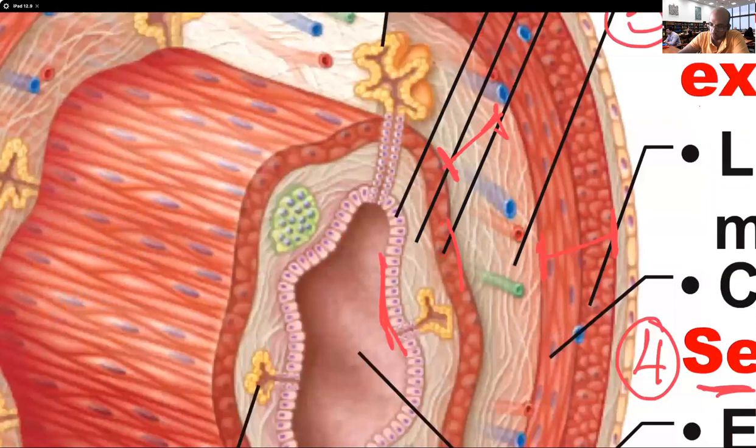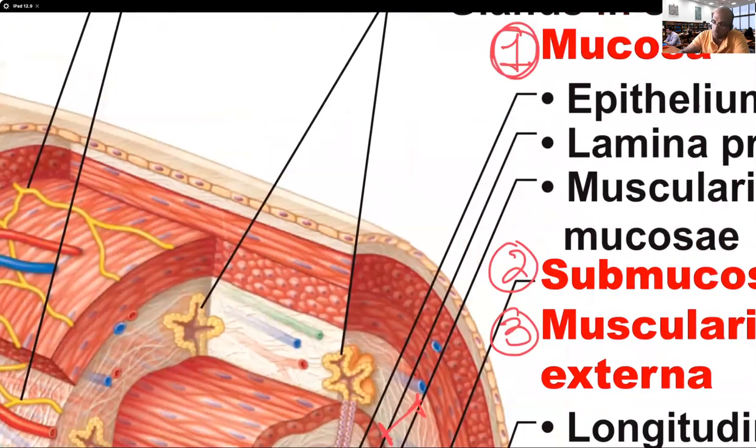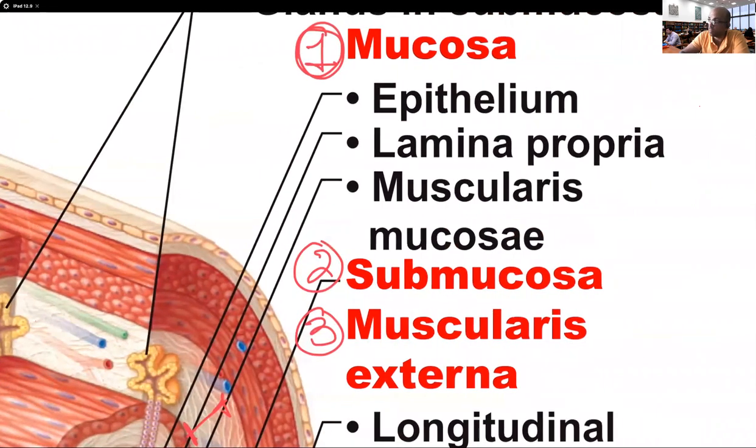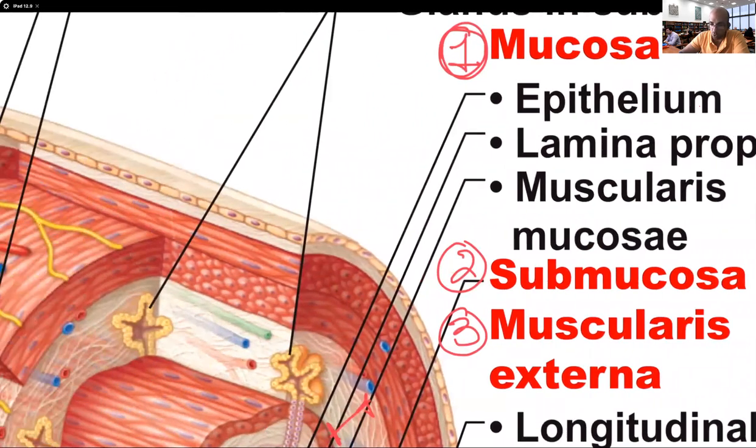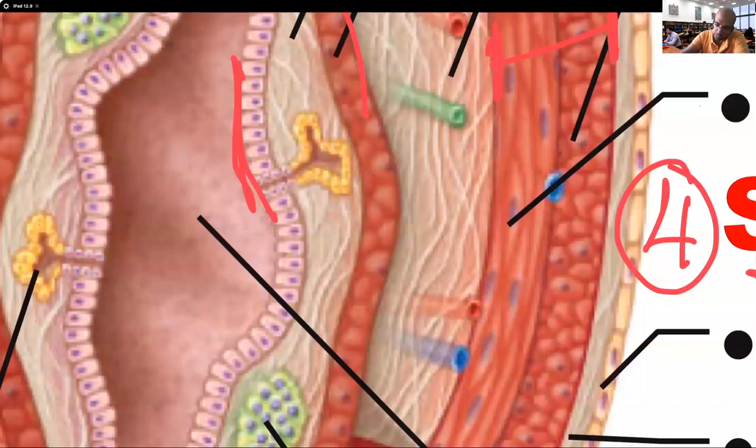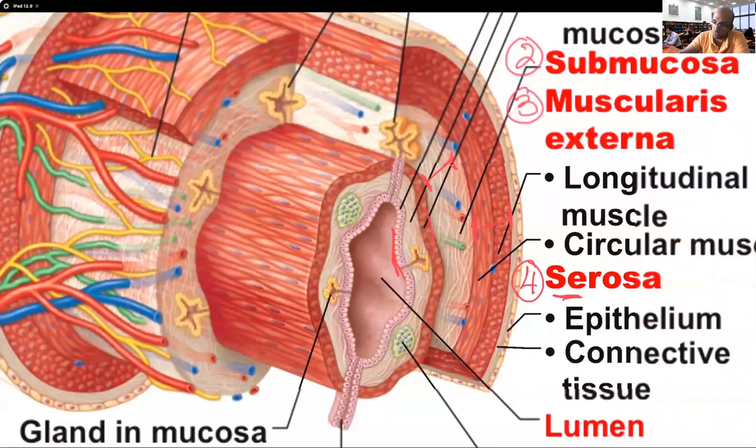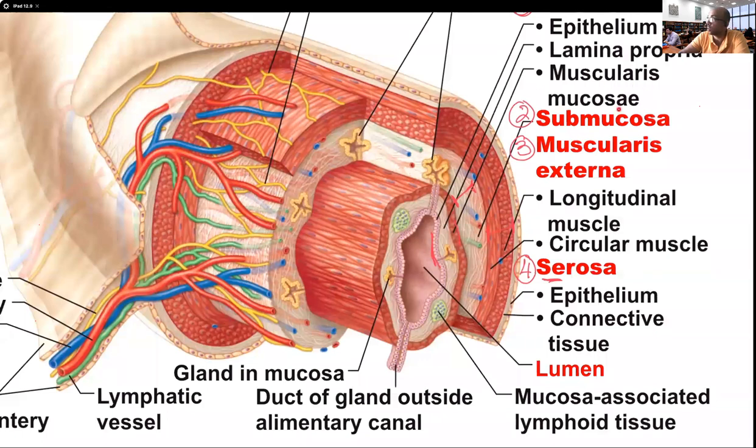We call this the lamina propria. So the lamina propria is simply the layer of connective tissue located underneath the epithelium of the mucosa. And we're going to have a very thin, delicate muscle layer located in the mucosa. We call this the muscularis mucosa, or the muscle of the mucosa.